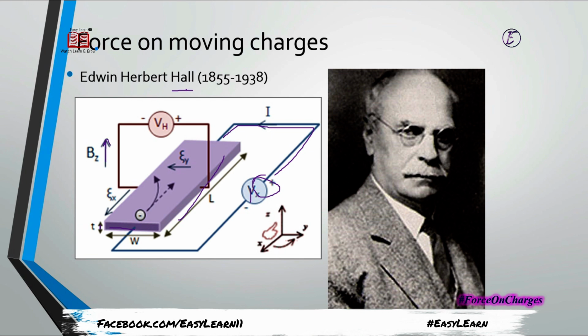It is not shown here, but suppose it is applied. Then these two sides are used as terminals for the positive and negative sides applied from the external source of the current.